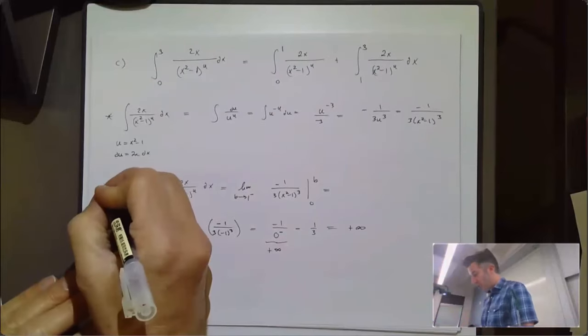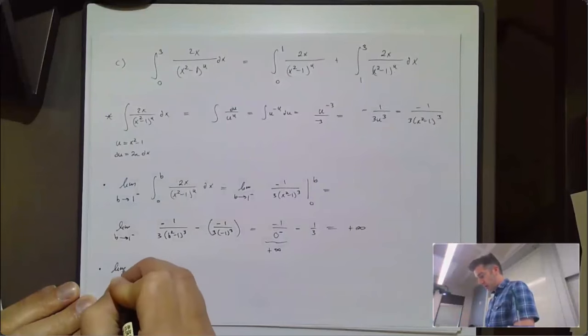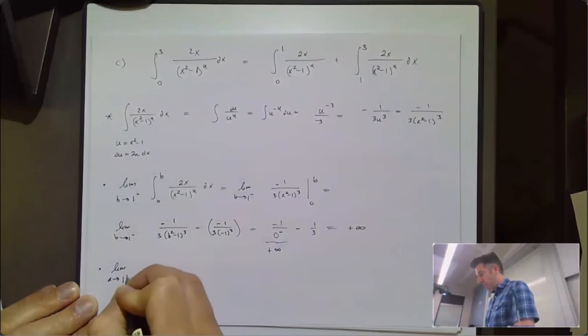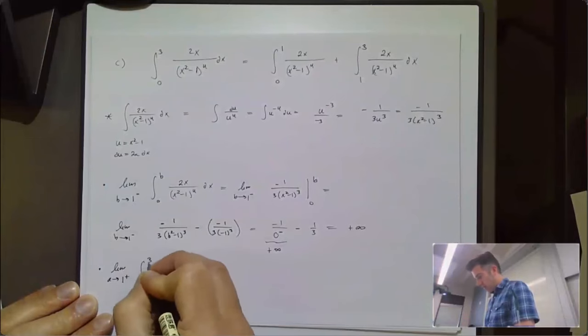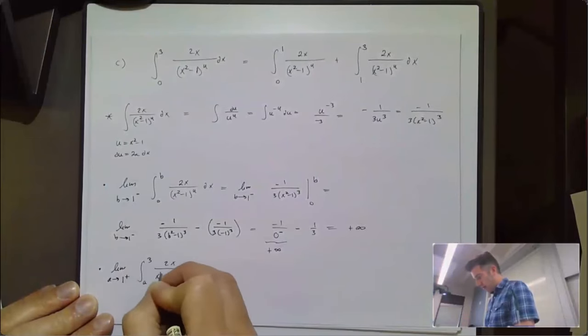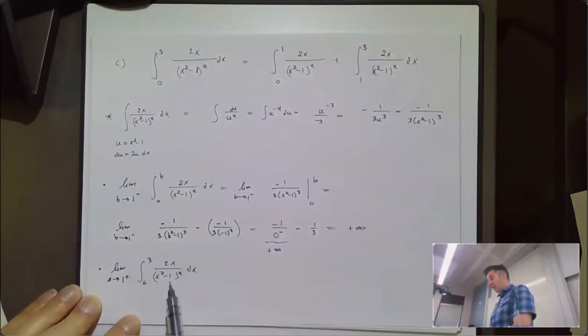The second portion, so this part over here, is going to be the limit as a approaches 1 from the right of the integral from a to 3 of 2x over (x squared minus 1) to the 4th. And let's cut to the chase. We know we're going to integrate it and we're going to plug in 3 first and a second.